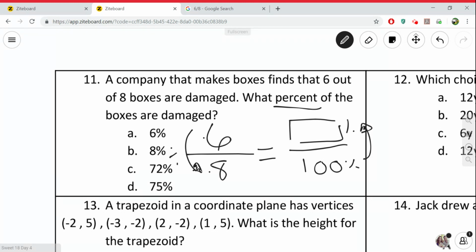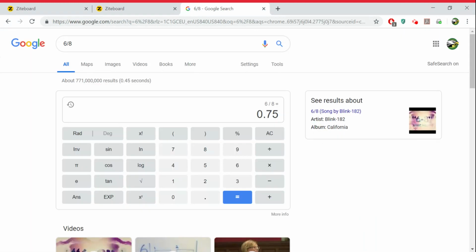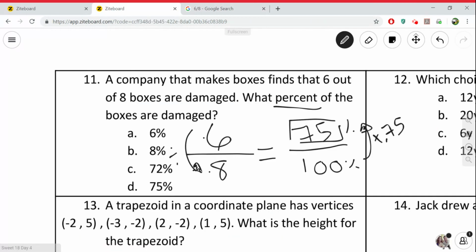Since it's opposite directions, we go opposite operations. Here we divided, so now we're going to multiply over here, times 0.75, and that gives me 75, because I did 0.75 times 100. So 75 is my answer, 75%.